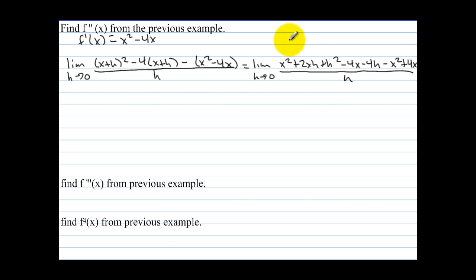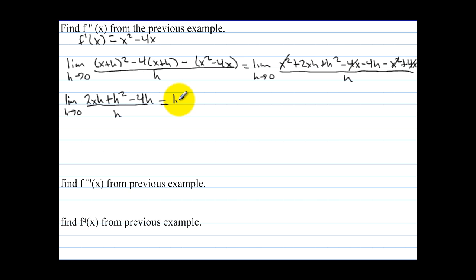Well, we'll have some things that can cancel. The x squareds will cancel, and the 4x's will cancel, and what we should have left is everything with an h in it. So we have limit as h approaches 0 of 2xh plus h squared minus 4h all over h.